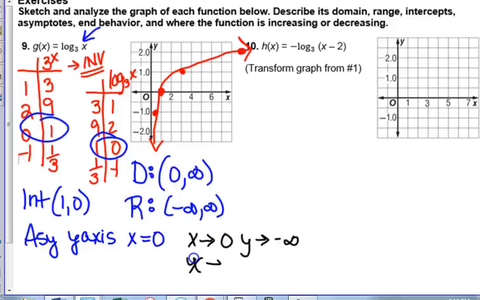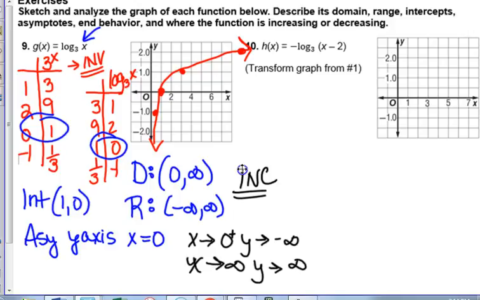As x approaches infinity, y is going to approach positive infinity. Remember how we talked about this as x approaches 0 from the right? We talked a little bit about that little notation. I'm not going to ask you for end behavior of this, okay? Increasing or decreasing. As I go left to right, this one is always increasing.